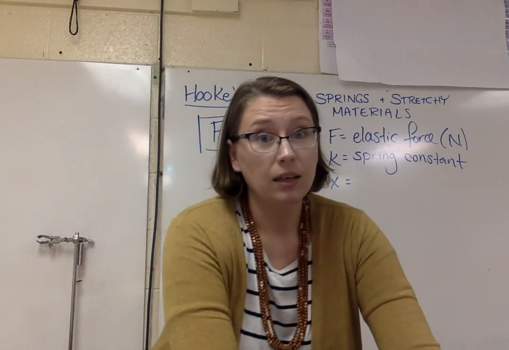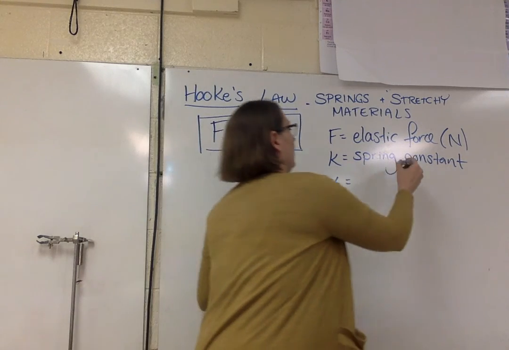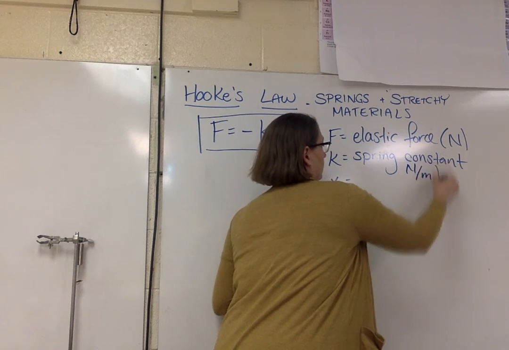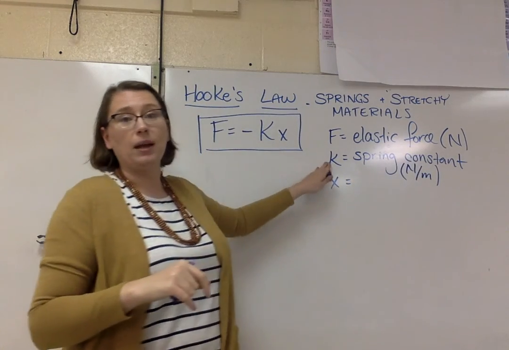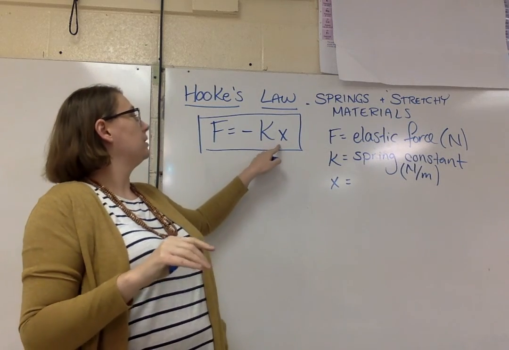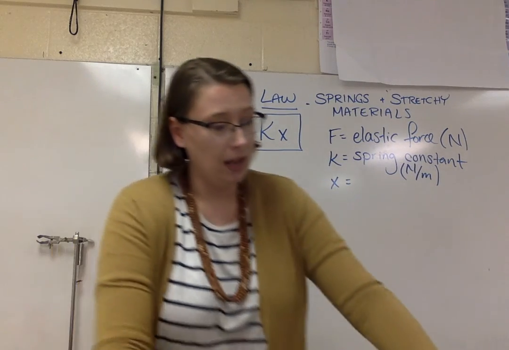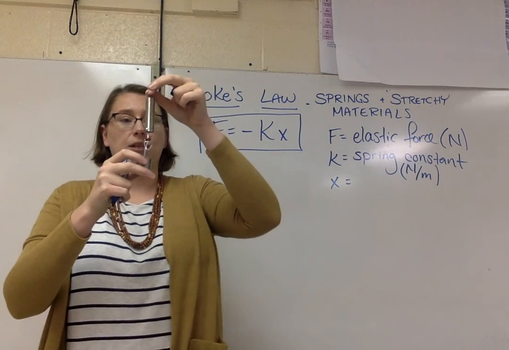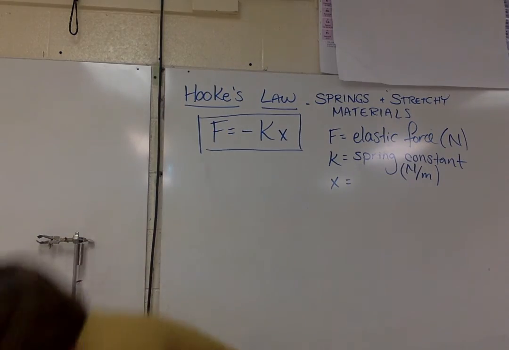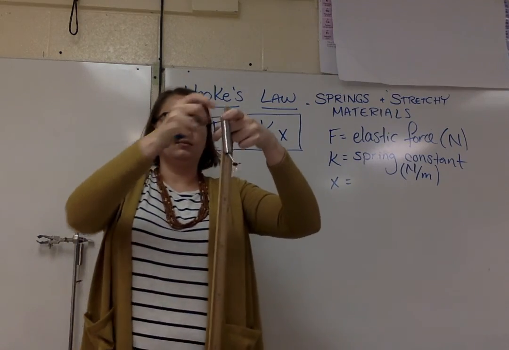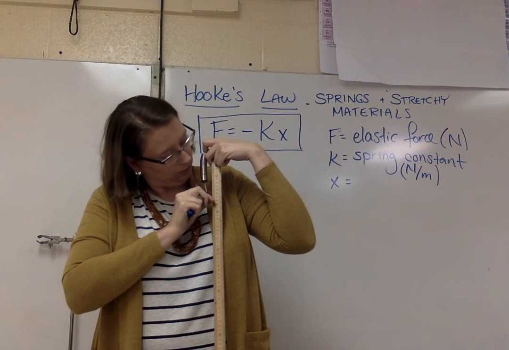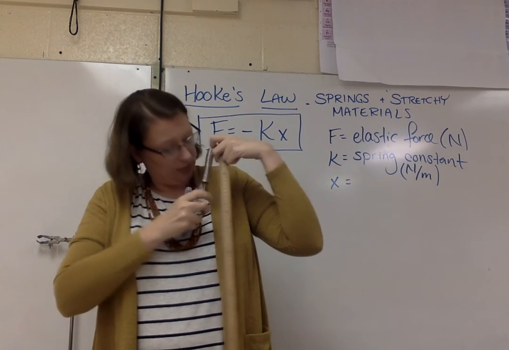And the way that we quantify that is this constant K. So the units of K will be in newtons per meter. And this varies depending on how strong that spring is. And this last one, X, is going to be how much that spring stretches out. So if I could put a meter stick in front of myself and see how much, so right now this is at what? 86.